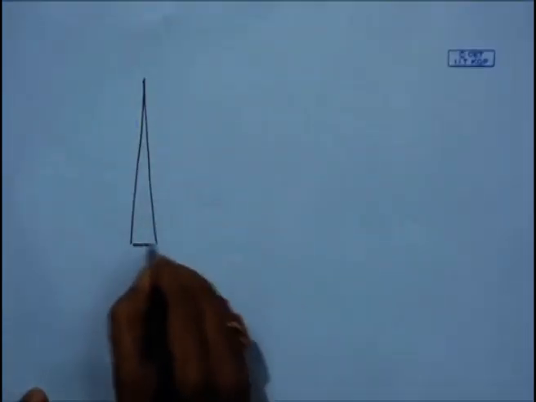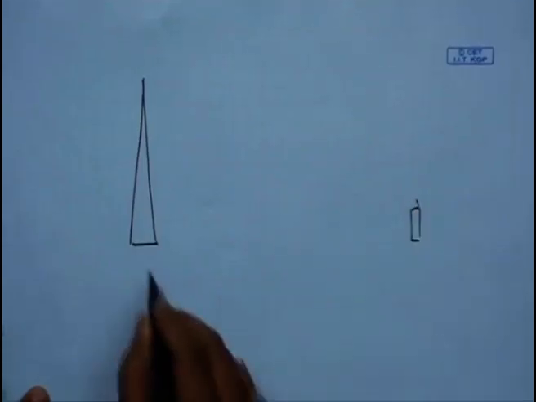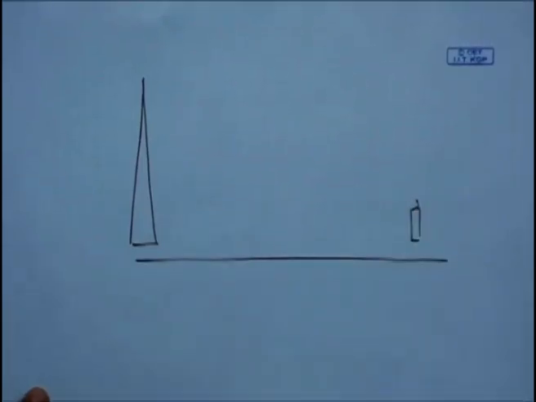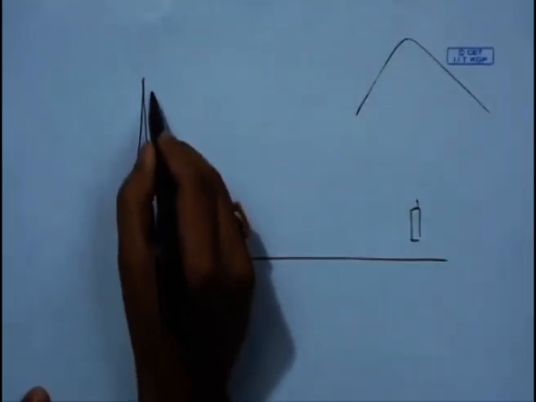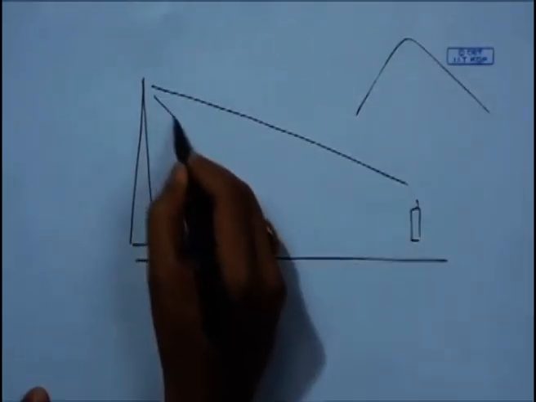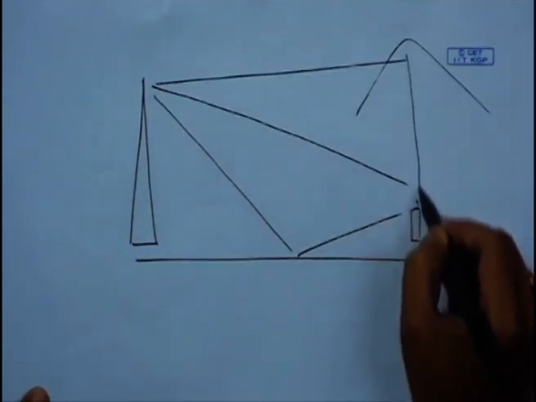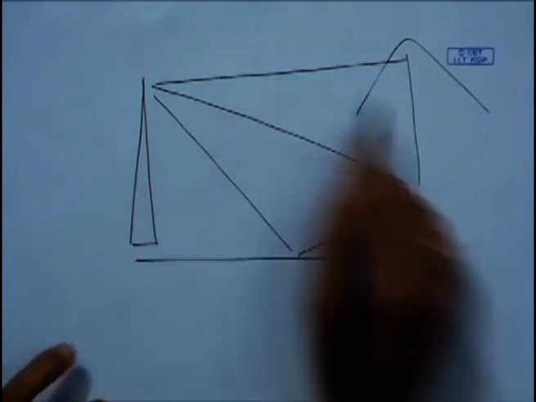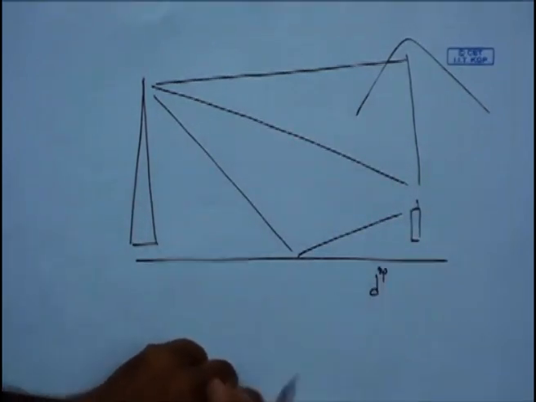we will again draw the transmitter and we will draw the receiver. First, let us take a scenario where there is one hill, that means a hilly region. There would be one line of sight, possibly one reflected path from the ground and one from the hillock. This particular scenario will create a particular exponent of n.